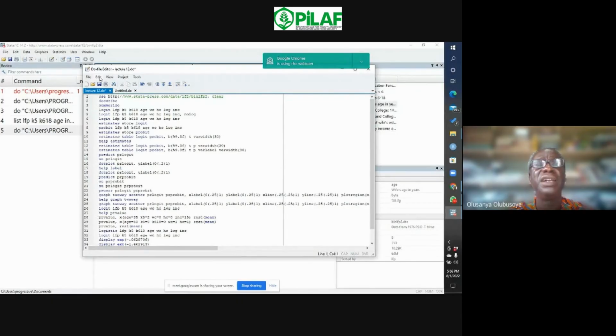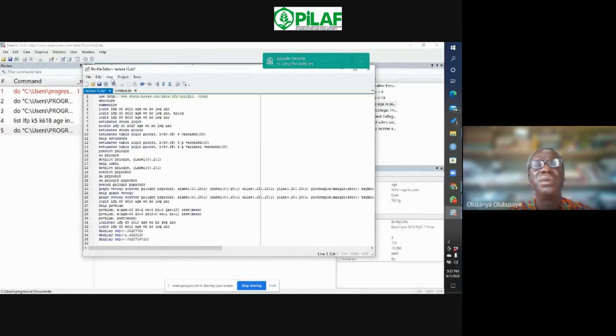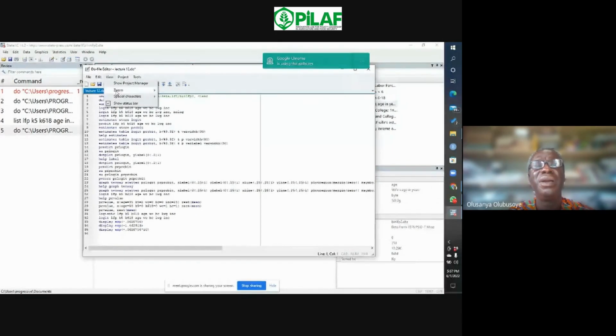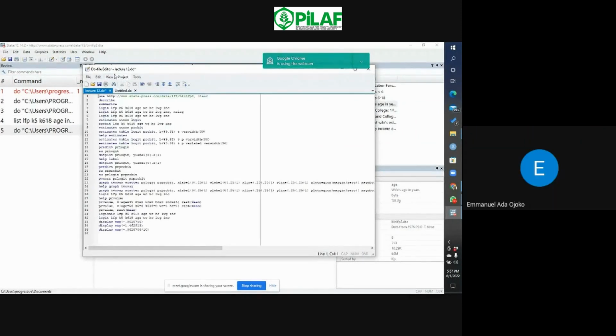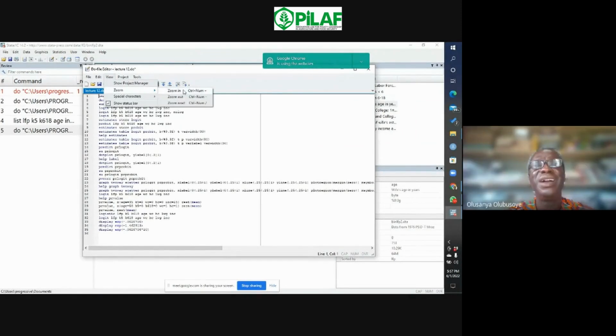Let me see if I can increase the font. Prof, you're supposed to zoom in, not zoom out.